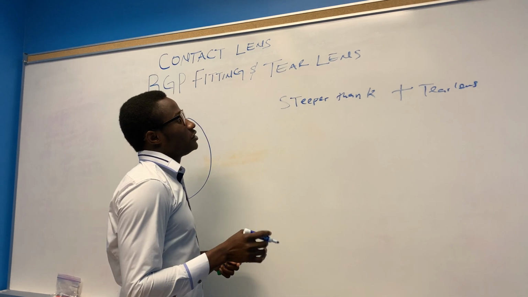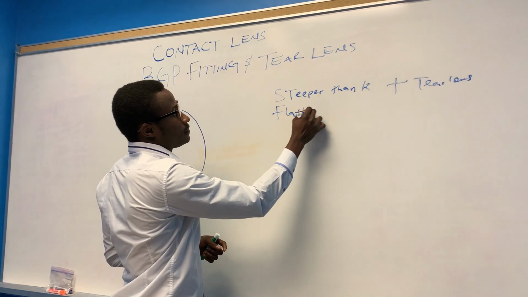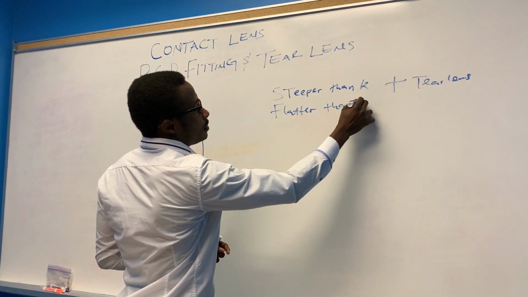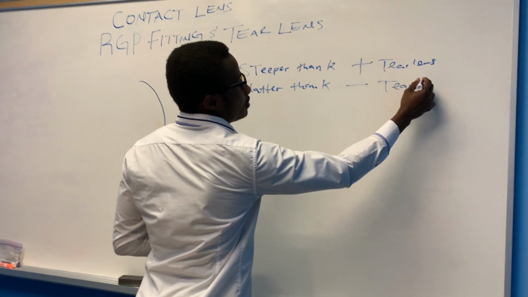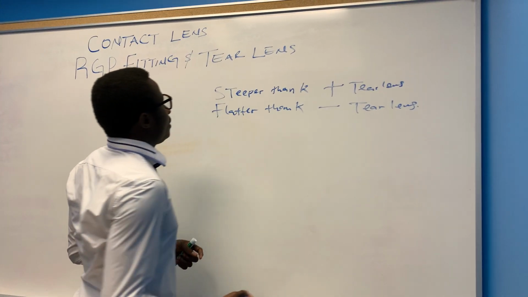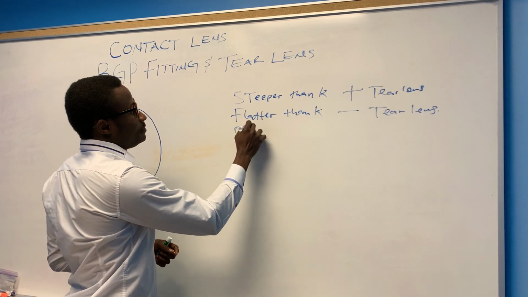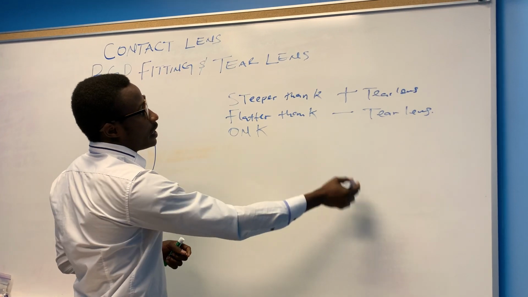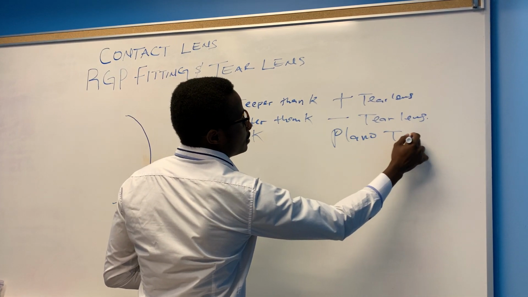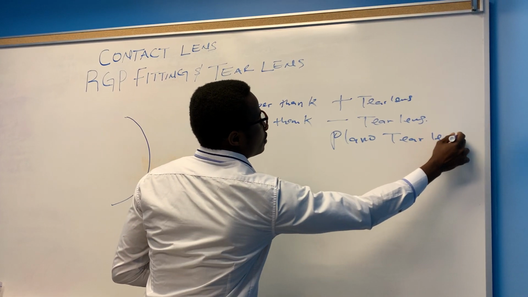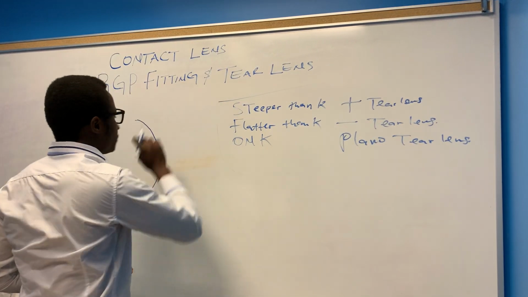Whenever an RGP lens is fitted flatter than K, we are creating a negative tear lens. Finally, an RGP lens can be fitted on K. Whenever it's fitted on K, we are creating a plano tear lens. I'm going to explain this in a bit.